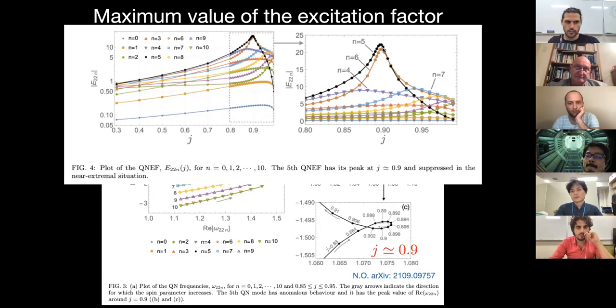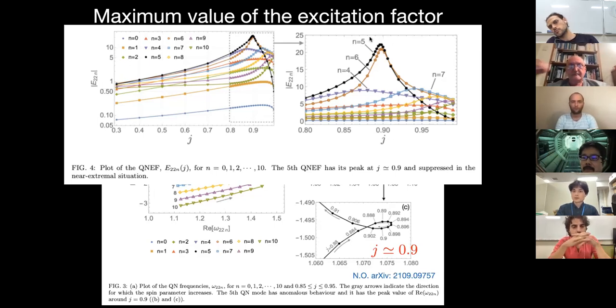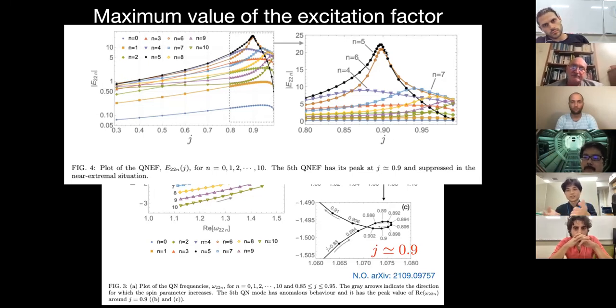So if you find a binary black hole merger whose remnant has the spin parameter of 0.9, maybe fifth and sixth overtones could be highly excited. That's just a prediction from the Green's function of the black hole.